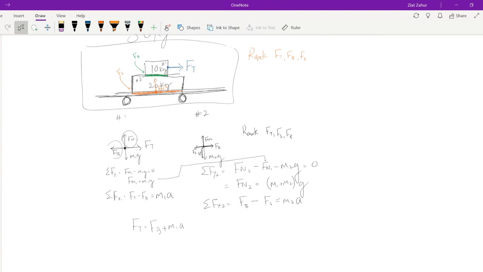Okay, so tension is Fb plus M1a, and we know a is positive, so Ft is greater than Fb. They can't all be equal. If they're all equal, then nothing would move, right? So we know that the right side is winning, otherwise it would not accelerate towards the right.